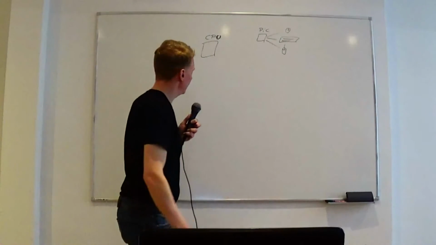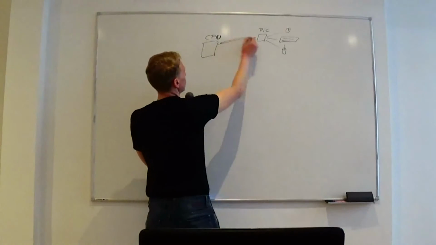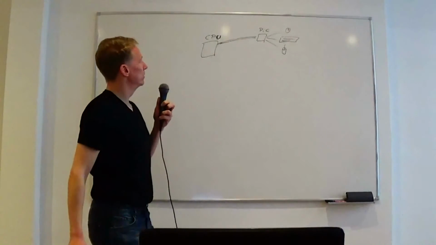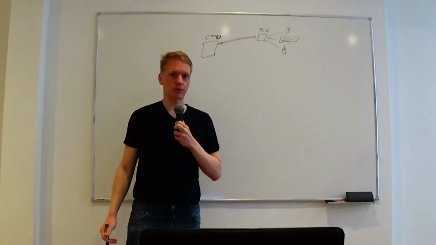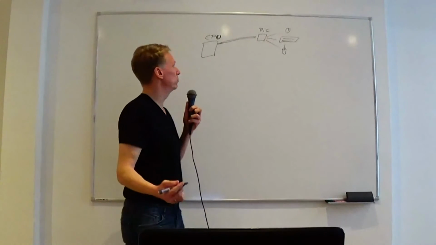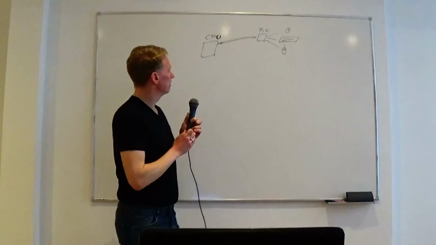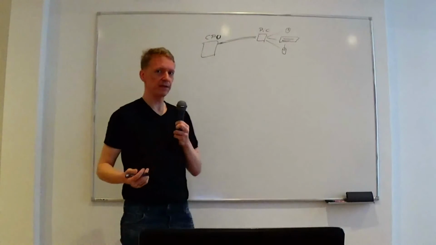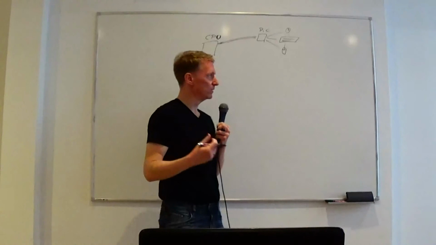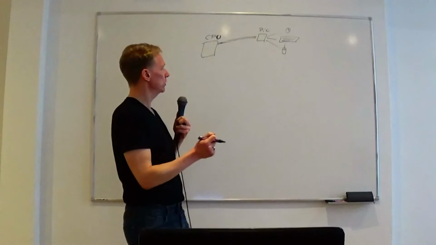What we did last time is we established the connection between the CPU and the programmable interrupt controller, and we actually received the first interrupt from the clock. So this is a good thing. This means that we actually have a connection now.